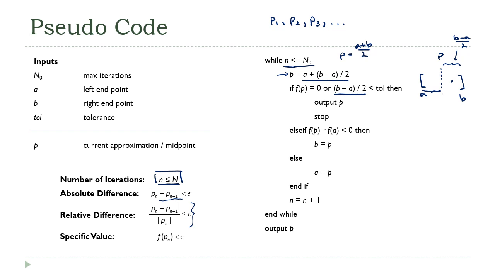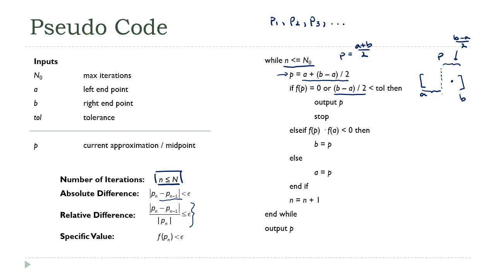It's possible that if A and B are both rounded up, that (A plus B) divided by 2 is actually pushed outside the interval. You actually get a result that's greater than B because of the rounding, right? So I avoid that by doing this otherwise kind of weird looking construction, right?